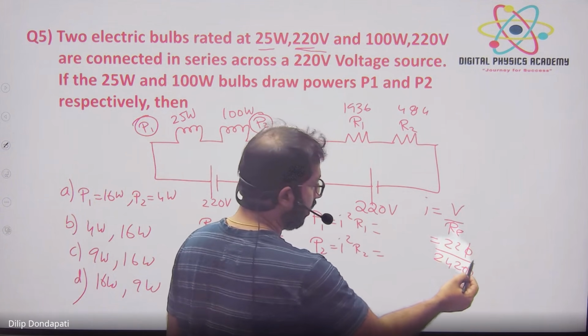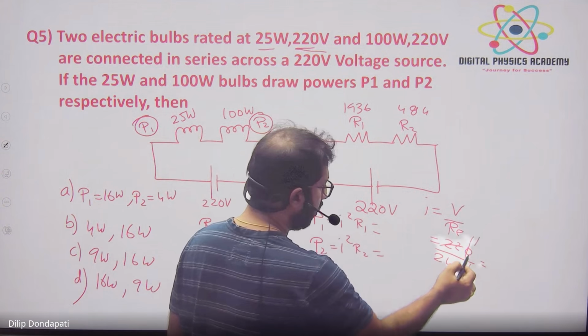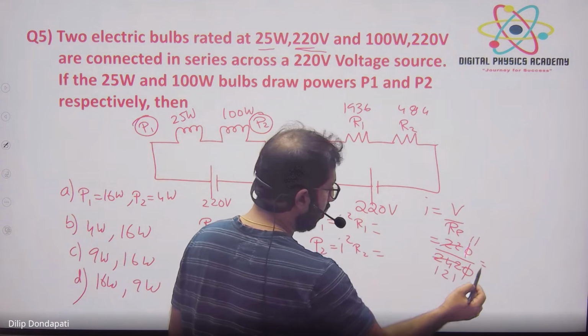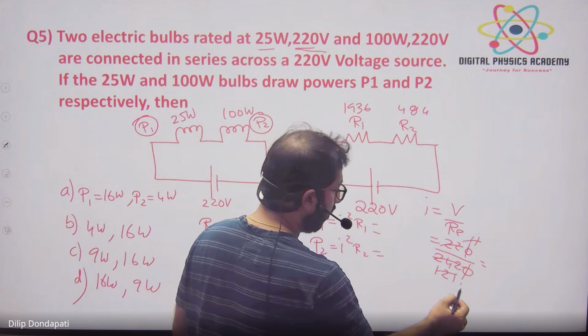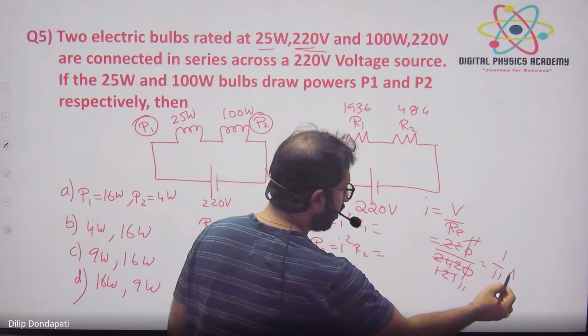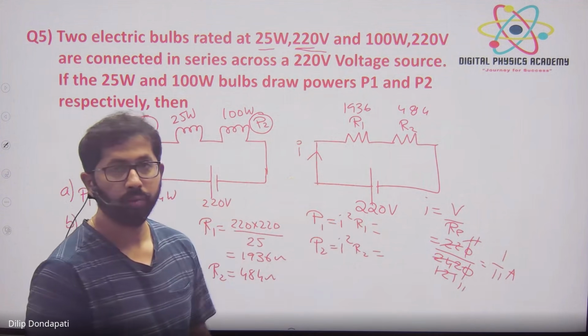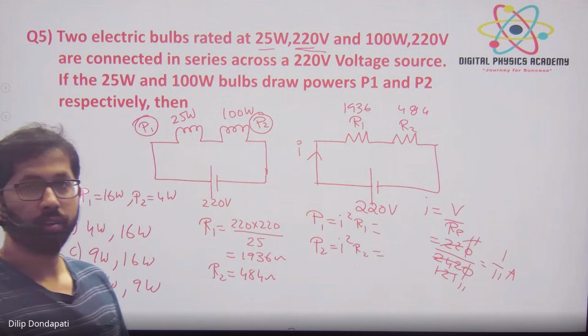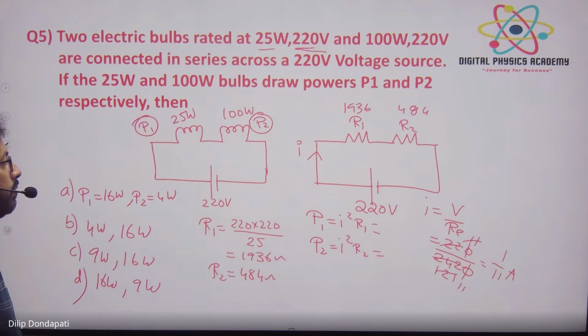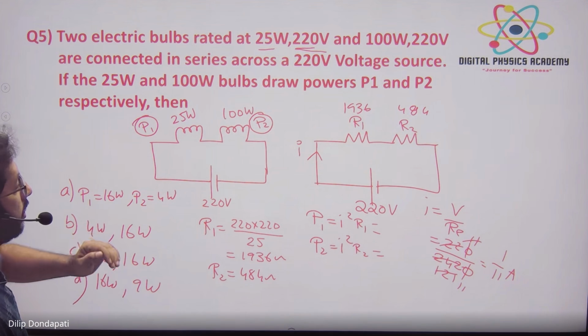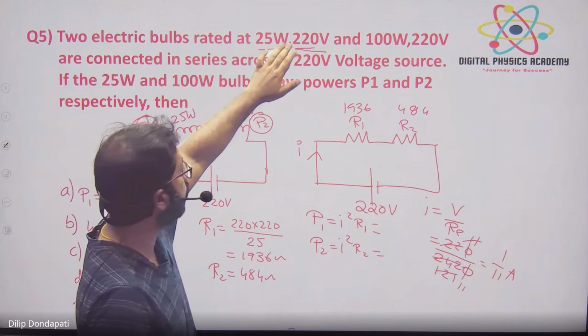Calculate how much it comes to. 220 by 2420 is 1 by 11 ampere. Now you got the current. Now use I square R1, I square R2. From the bulb we can slowly convert into resistance, since we know individual voltage and individual power.